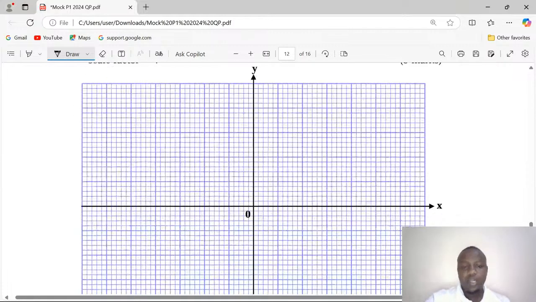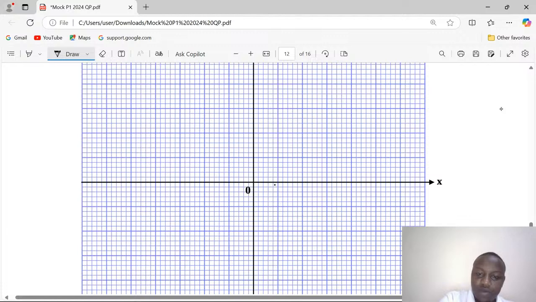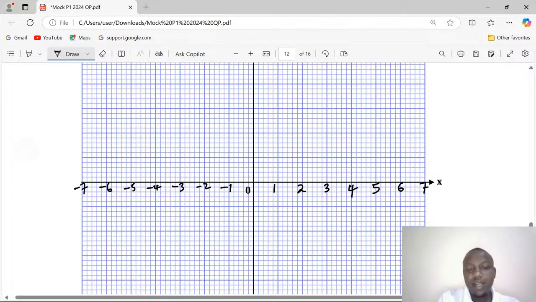So let's start by plotting what we have been told to plot. So we have this one as 1, 2, 3, 4, 5, 6, 7. The negatives are here. That is where negatives are.